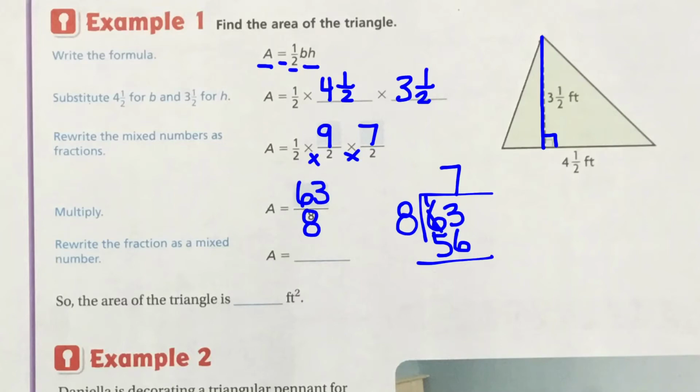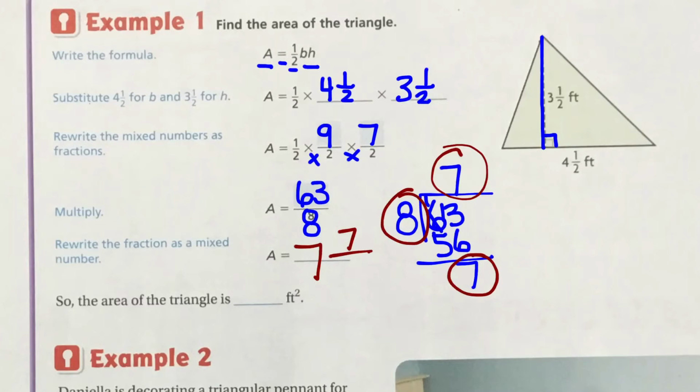So that is 7. What's my whole number? 7. What's my numerator? 7. What's my denominator? 8. So my answer is 7 and 7 eighths. Okay. I also could have done 9 times 7 is 63 and 2 times 2 is 4 and then take half of that. But it would come out to 7 and 7 eighths.